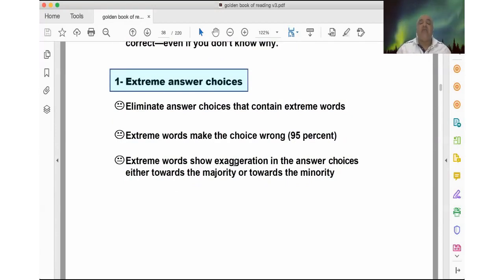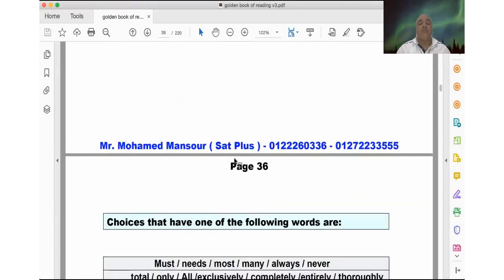Almost all answer choices with extreme words are going to be wrong. Extreme words usually show exaggeration in the answer choices. It makes the answer choice exaggerate either towards the majority, the maximum, or towards the minority, the minimum.